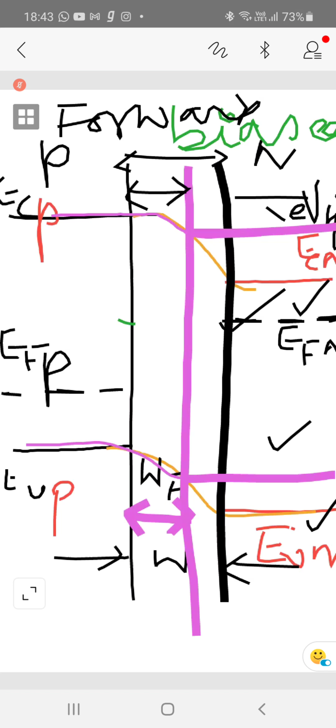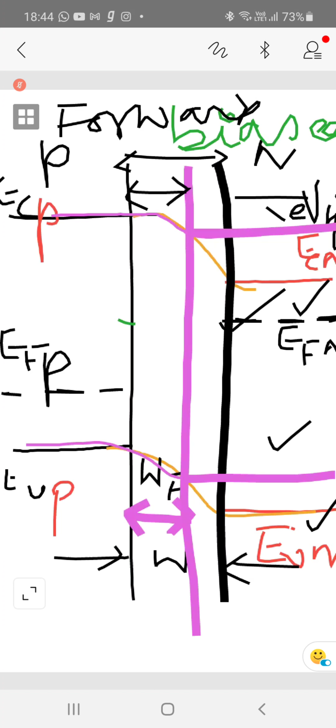Since the conduction band has moved up in case of the n side, you know that the distance between EC and EF, that is the bottom level of the conduction band and the extrinsic Fermi energy level, is a function of the doping concentration ND.